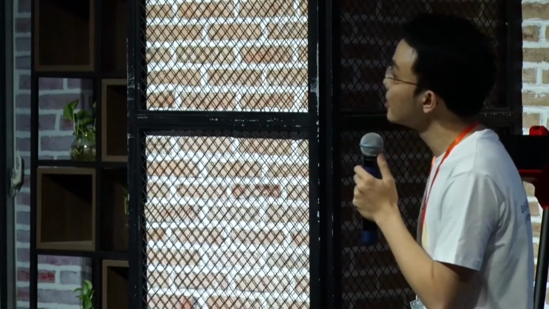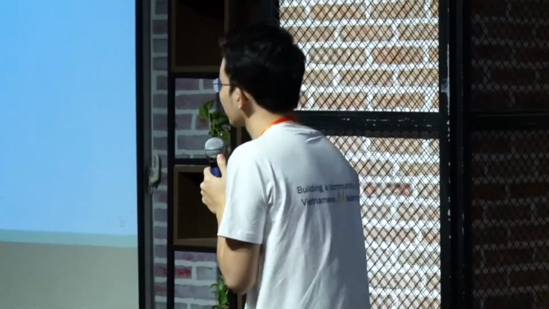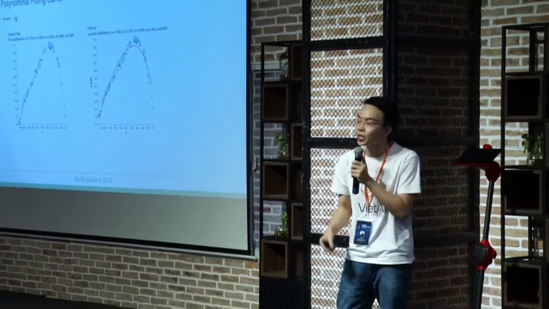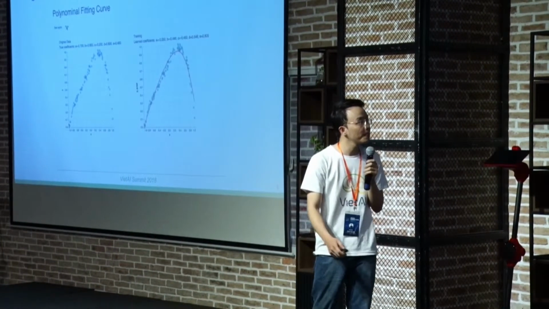We need to find a curve to approximate all the data here. With a few lines of code in the browser, we can generate a model, and you can see the curve tries to fit all the given data after a few epochs.